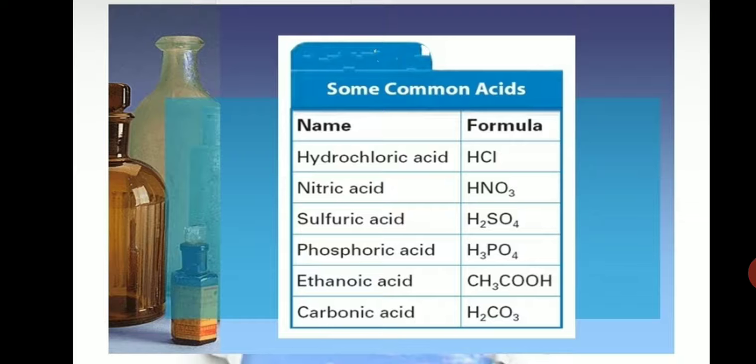So today we are going to define the acid in some other way. So we know that when an acid dissolves in water, some other reactions take place. When the acid dissolves in water, the hydrogen present in the acid separates out as positively charged hydrogen ion.